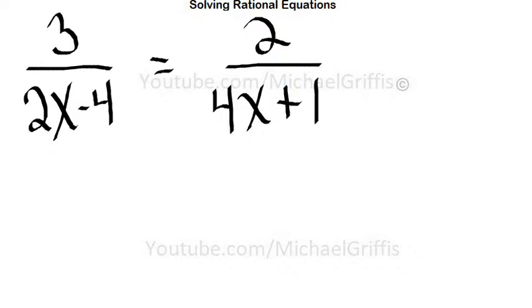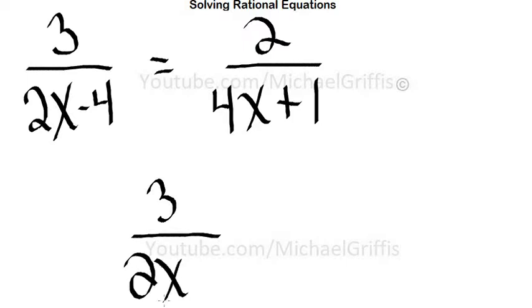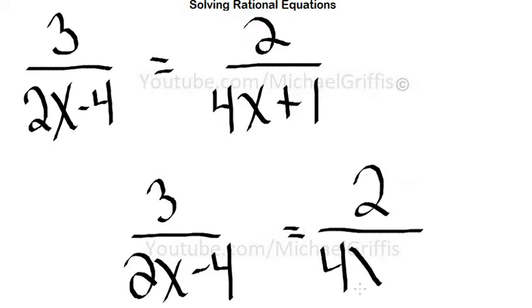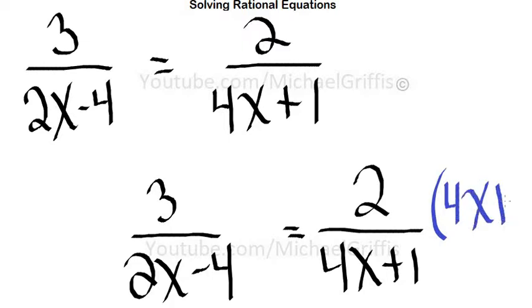I'm going to go ahead and rewrite. Kind of shift everything over a little bit. Okay, what were we using? Blue? Let's multiply both sides by 4x plus 1.